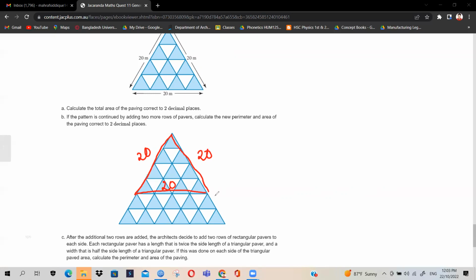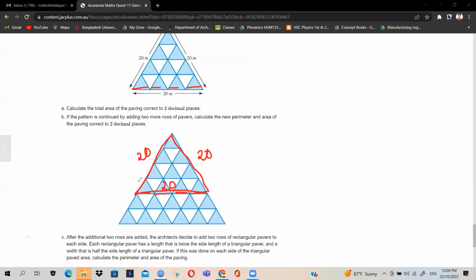To calculate the perimeter, first of all calculate how many triangles there are. 1, 2, 3, 4. So 4 of the tiny little triangles are there in between the 20s, right? What should be the base for each tiny triangle, or each side, because these are isosceles, right? Oh no, equilateral, because they are all the same size.